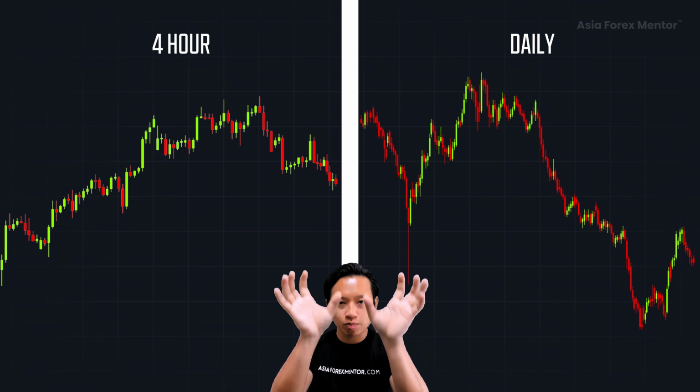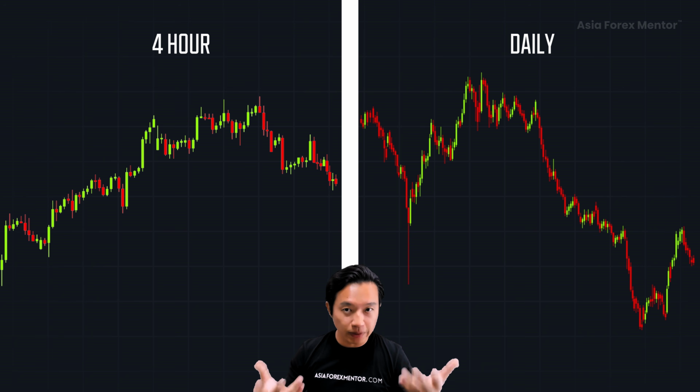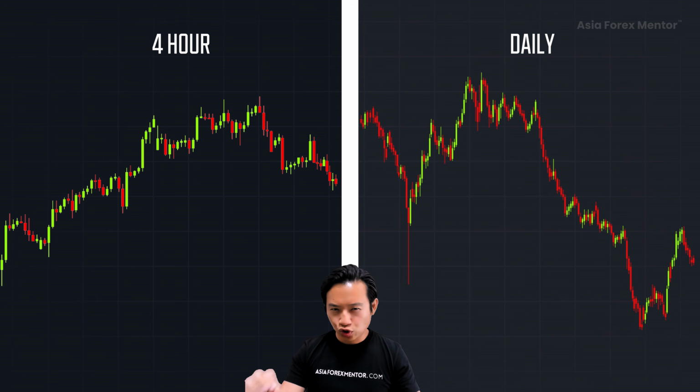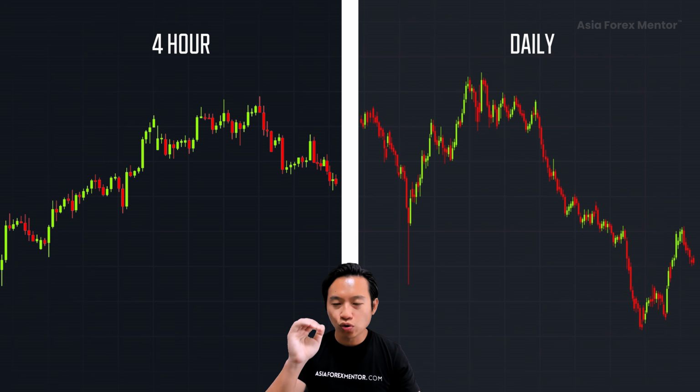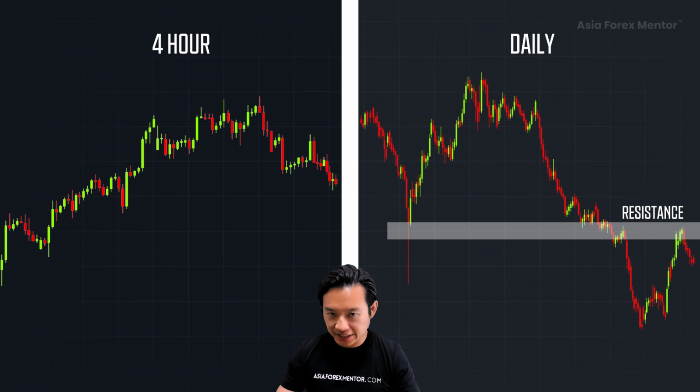In order to do this, I'm going to split the chart up like this. Now the daily time frame chart and the 4-hour time frame chart are displayed. This section represents the daily time frame, and the other focuses on the 4-hour time frame for comparison. On the daily time frame, when you zoom out slightly, it shows that the price has reached the previous support zone that may now act as resistance.